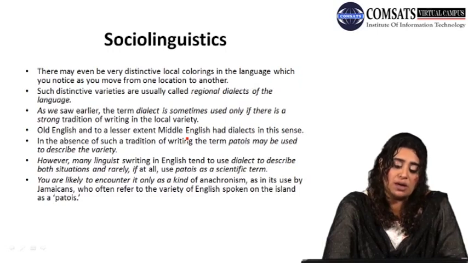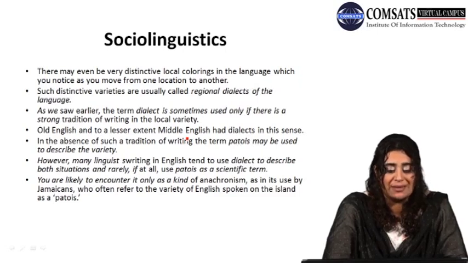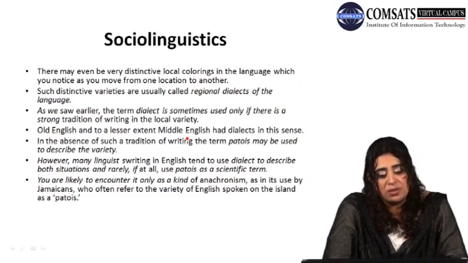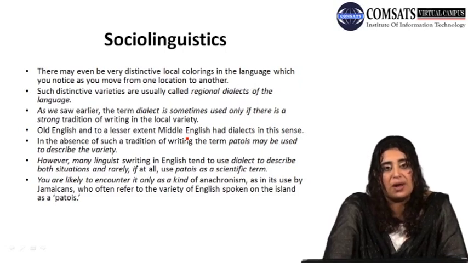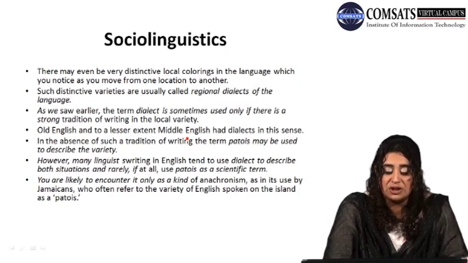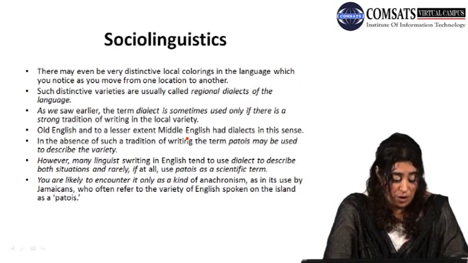Now, as we saw earlier, the term dialect is sometimes used only if there is a strong tradition of writing in the local variety. So Old English, and to a lesser extent Middle English, had dialects in this sense. In the absence of such a tradition of writing, the term patois may be used to describe the variety. However, many linguists writing in English now tend to use dialect to describe both situations, and rarely, if at all, use patois as a specific term.